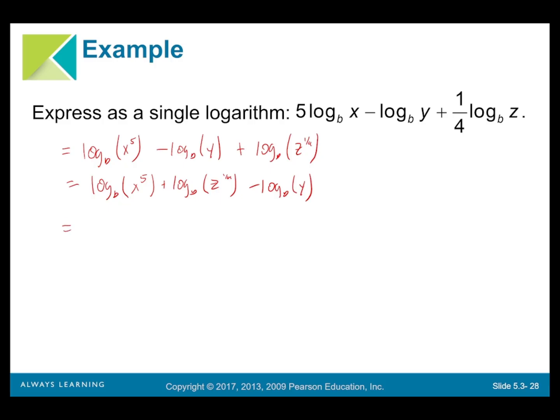So let's handle that product. The addition turns into a product, x to the 5 times z to the 1/4, minus log b of y. And now we just do our quotient rule: log b of x to the 5 times z to the 1/4, divided by y. And that is it.